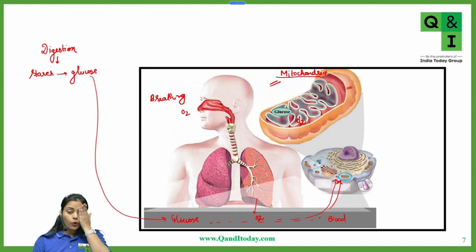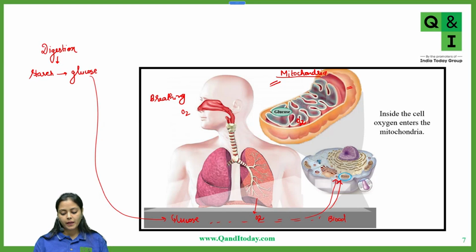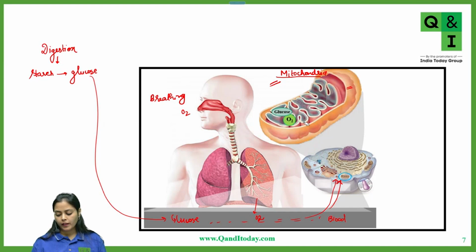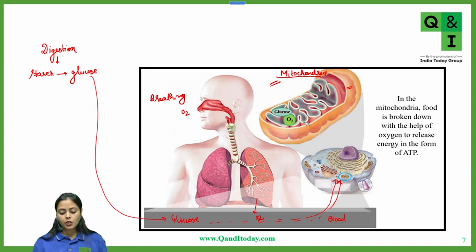Okay, now what will happen? See, glucose is present inside mitochondria, and now oxygen is also entering inside the mitochondria. Using this oxygen, this glucose will be broken down.